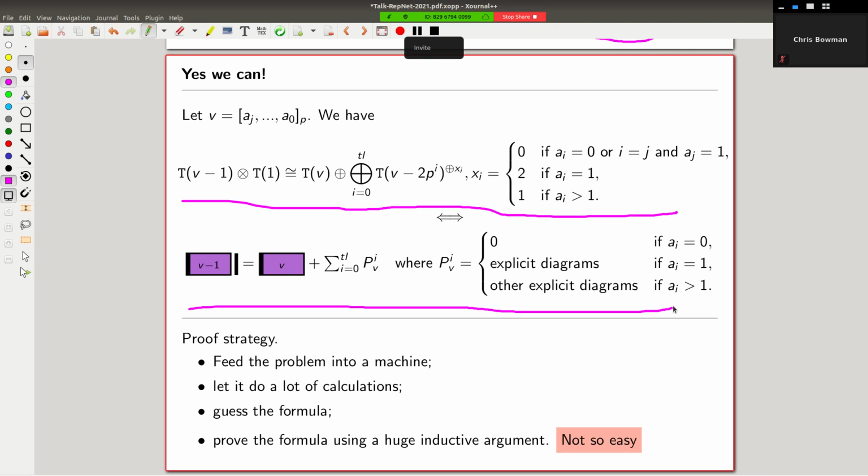You guess the formula, and then you try to come up with a strategy to prove it, because it's not so easy as far as I know. So we have a huge inductive argument in the paper. It's something like a 10-page inductive argument. A bit complicated. So much harder than the character computation for this formula here.